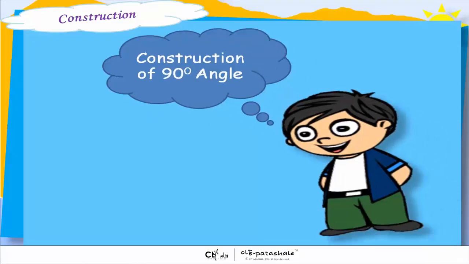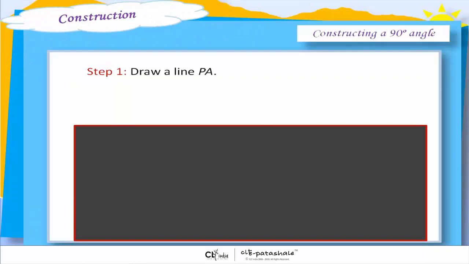Construction of 90-degree angle. Step 1. Draw a line PA.